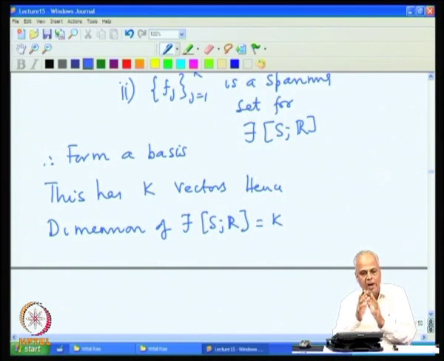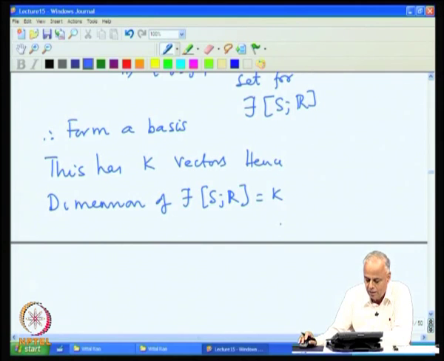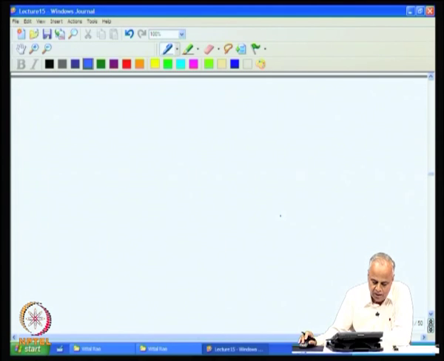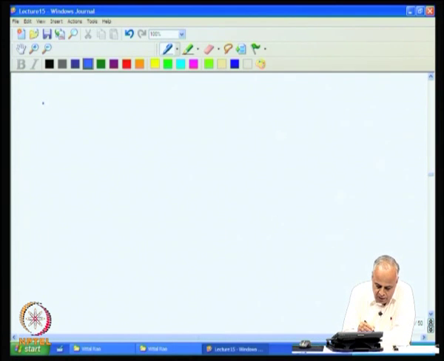So, if you take a finite set S and look at all the functions mapping S to R, then the dimension of the space is precisely k. Now, we leave it as an exercise to verify the following. Suppose S is an infinite set.